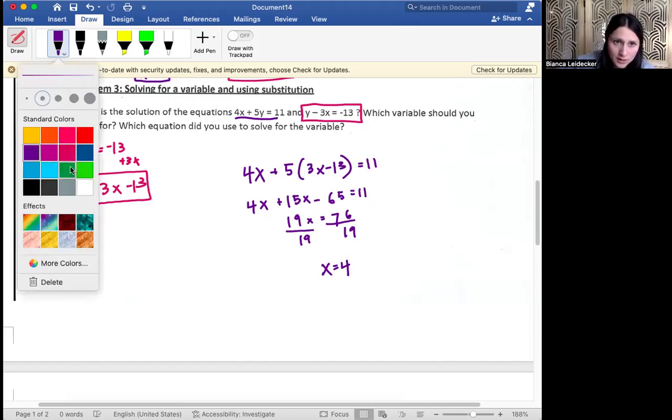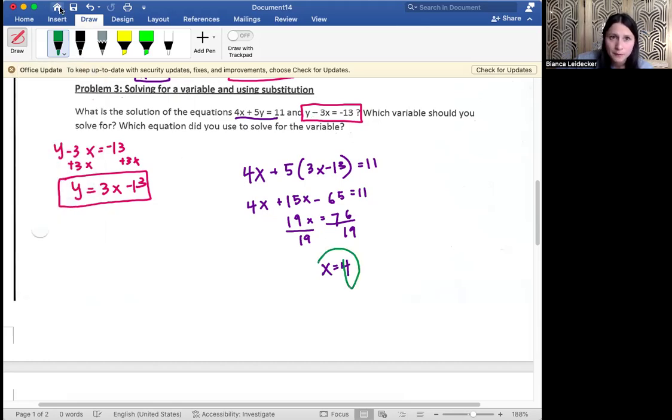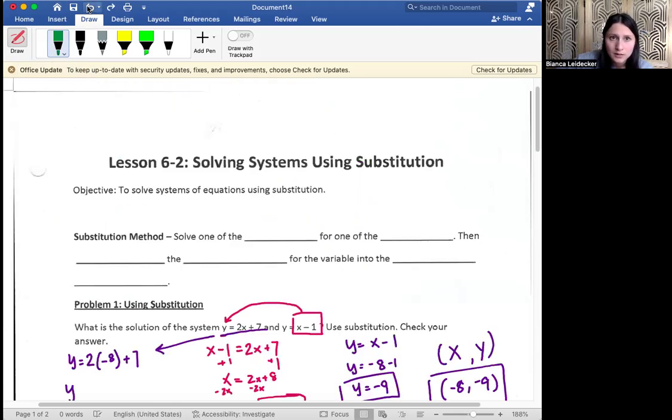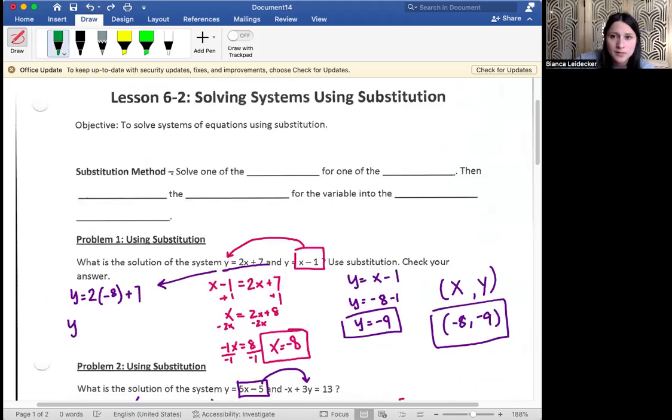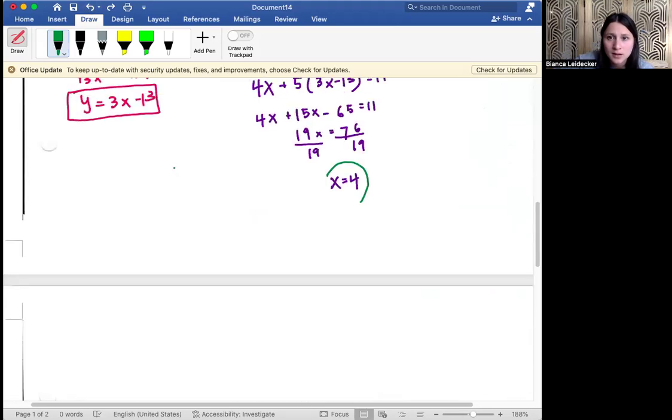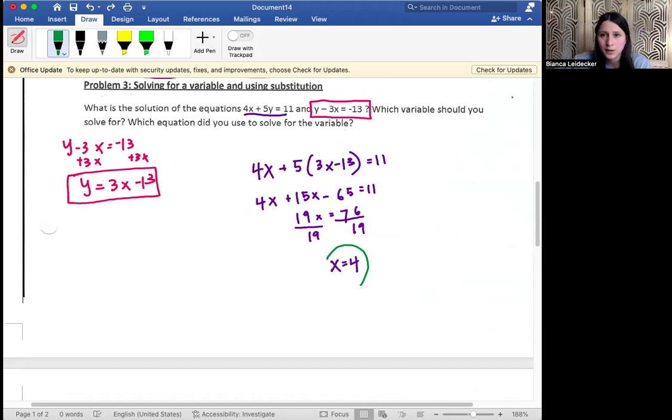We've solved for x. The second part is to substitute 4 in place of x and figure out what y is. So you can plug it into either equation.